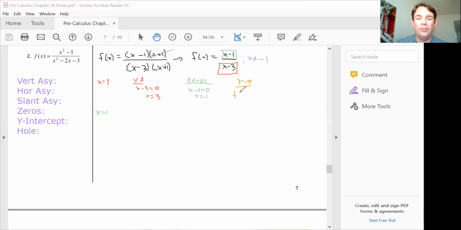So f of 0 gives me 0 minus 1, all over 0 minus 0 minus 3. So my y-intercept is going to end up being (0, 1/3). Negative divided by negative is a positive.